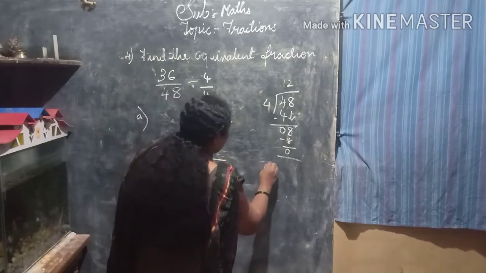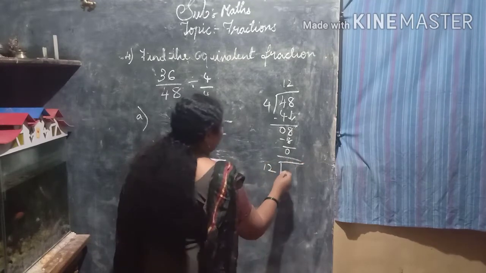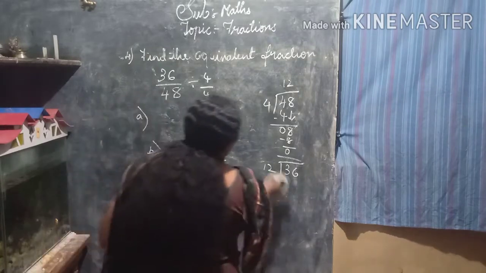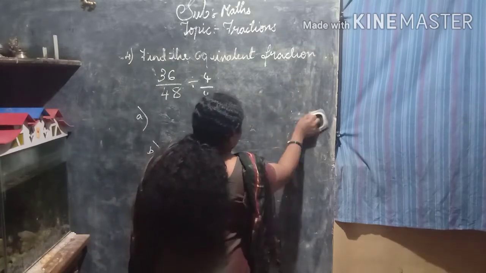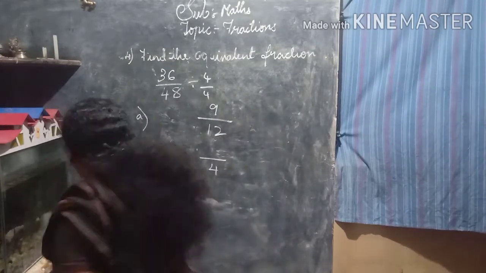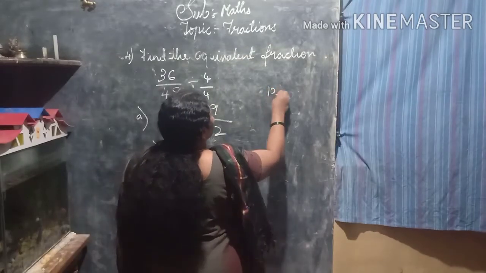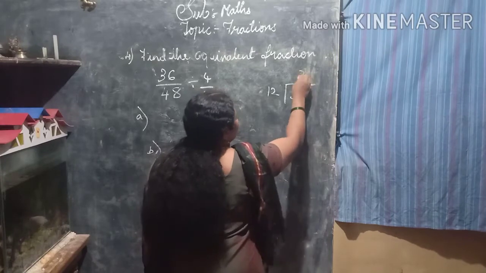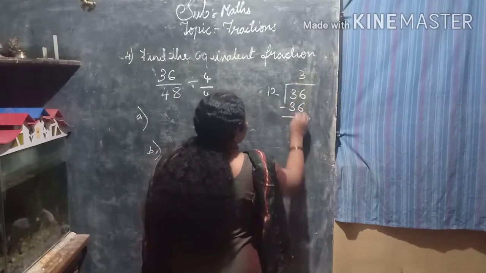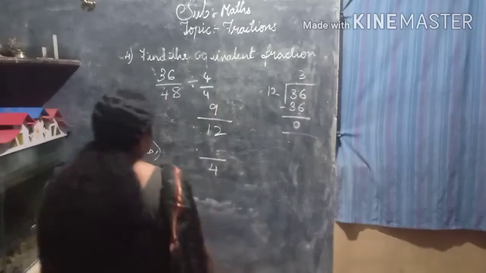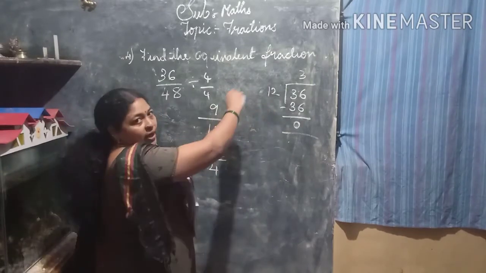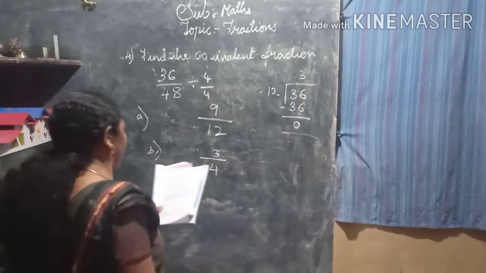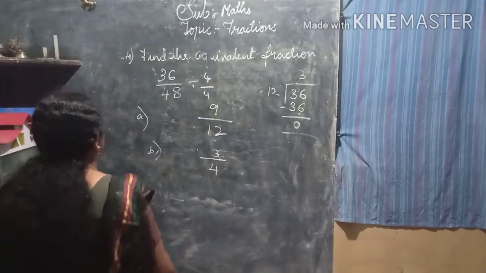Same, you have to take 12 and divide 36 by 12. 12 threes are 36, isn't it? If you know the 12 table, it is very easy. Therefore, here you will get 3 by 4 as the answer. And this is the fifth one.